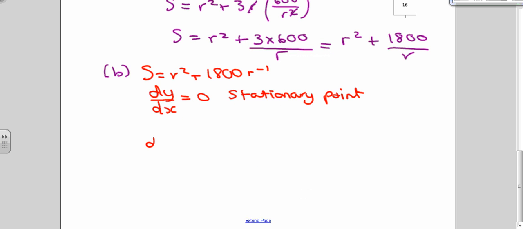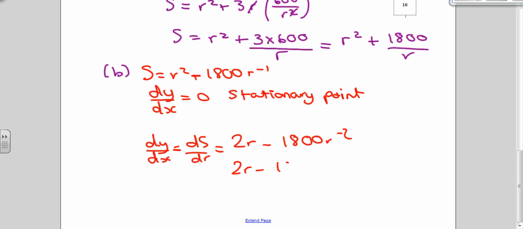So dy by dx, or in this case, it will be dS by dr. So that will give us 2r minus 1800 r to the minus 2. So that is the same as 2r minus 1800 over r squared.